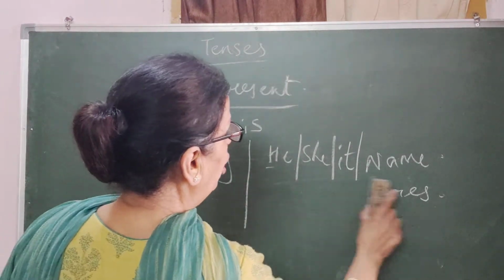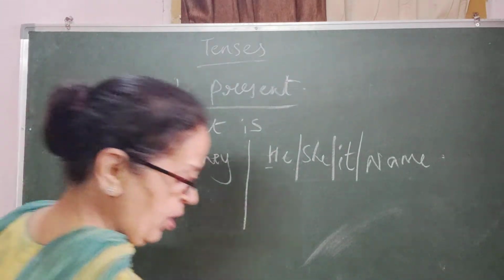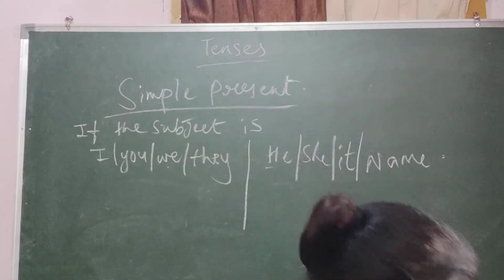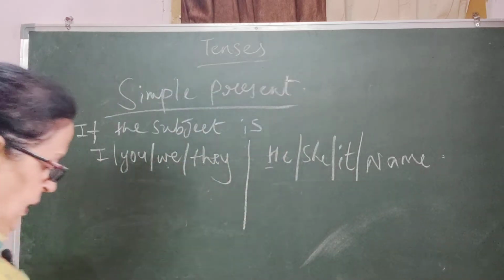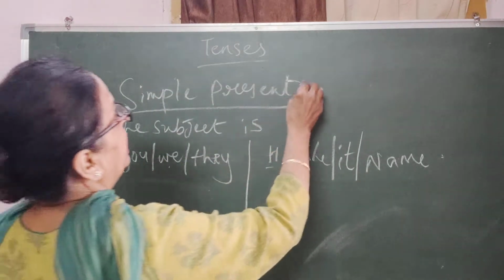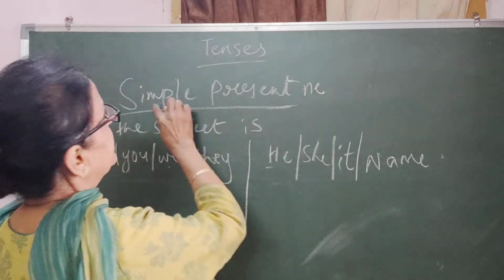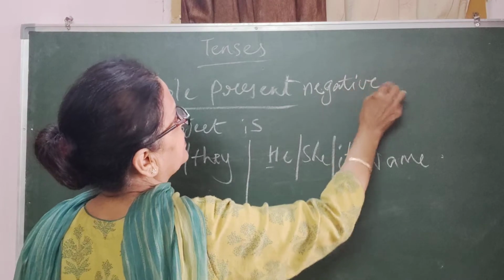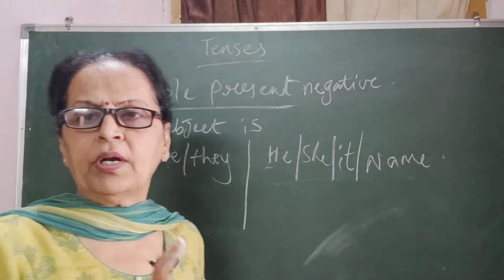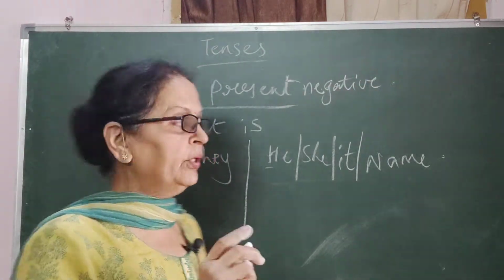I am going to do all the 4 categories with you. My second category was present simple negative sentences. Simple present negative. Negative itself tells us that nahi, we don't have to do.